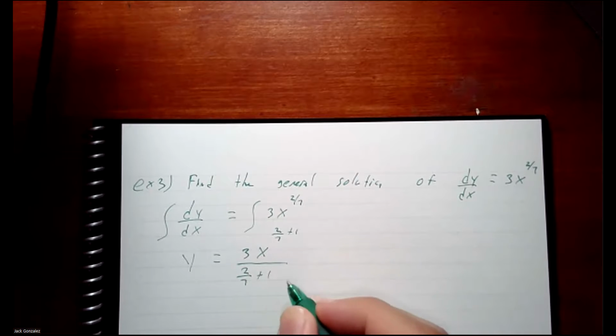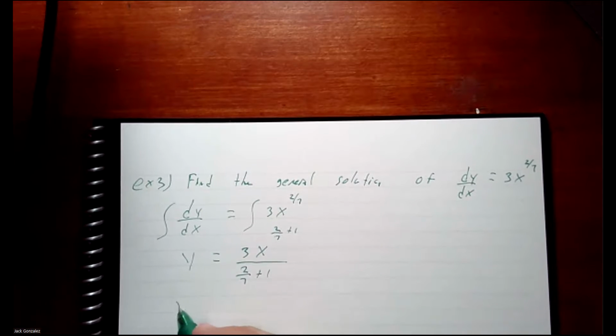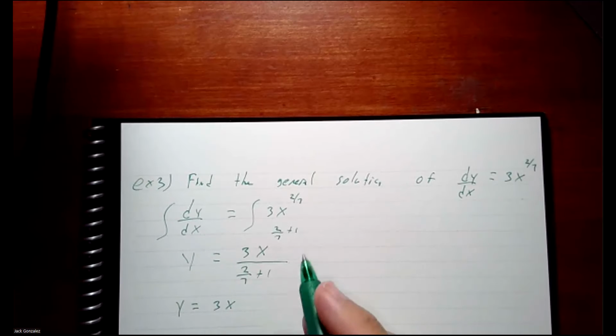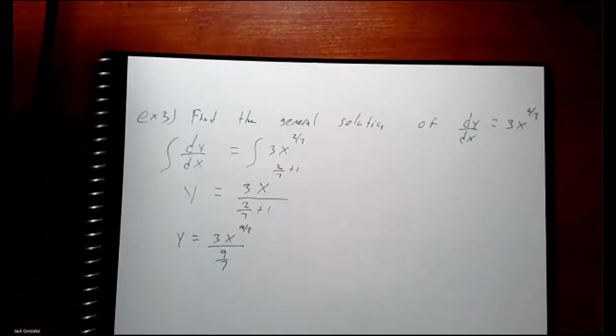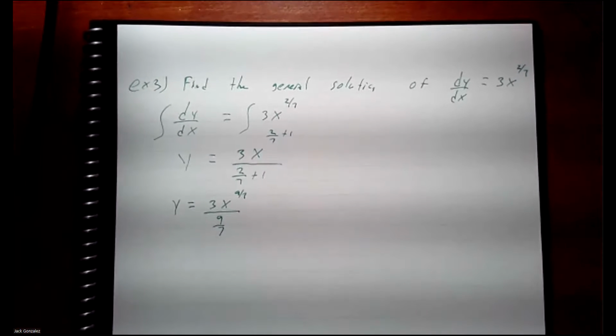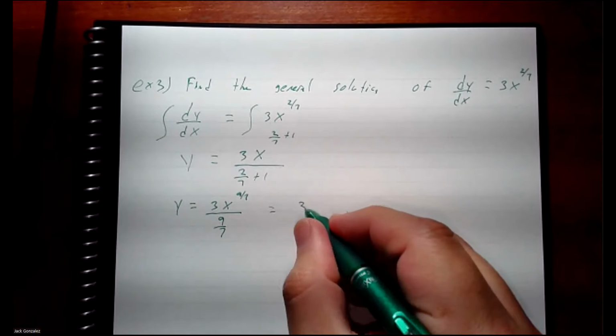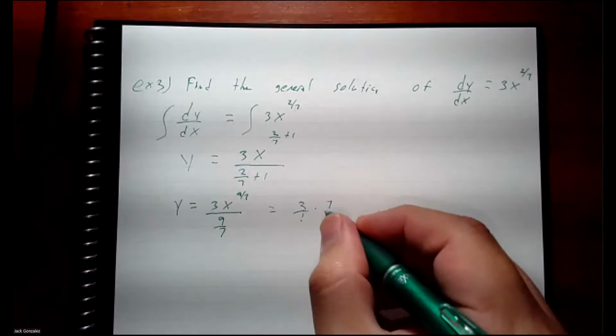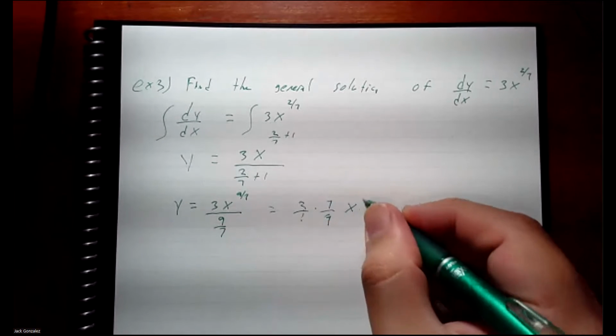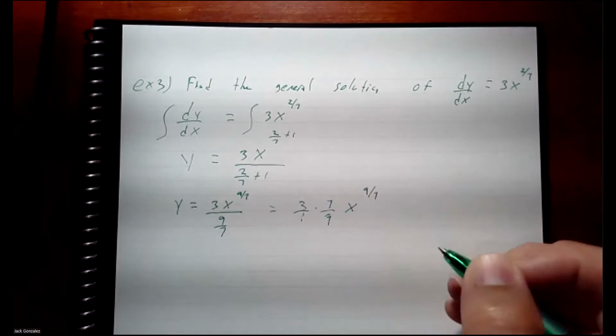2/7 plus 1 is 9/7. So that'll be 3x to the 9/7 over 9/7. So that'll be 3 over 1 times 7 over 9 x to the 9/7.